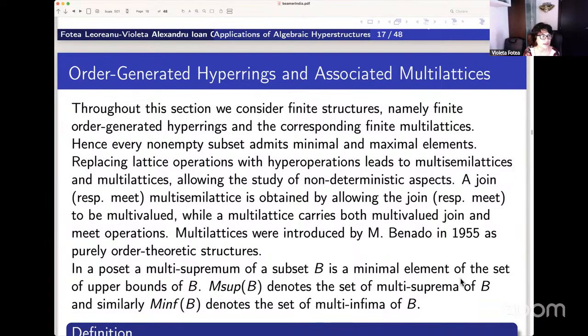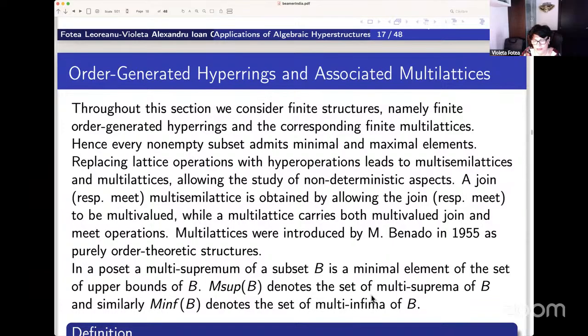Instead of having the supremum of two elements, which is the minimum of the upper bounds, we have minimal upper elements, the minimal upper bounds of a subset B.